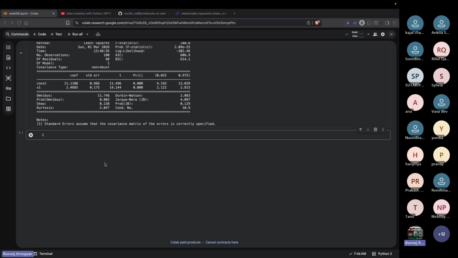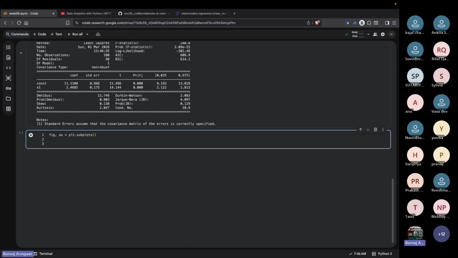So we can plot our regression line to see what it looks like. We can say figure comma ax is equal to plt dot subplots. This essentially creates your figure and an artist. You ask your artist to create a scatter plot between your x and your y. You can say that I want a transparency of 50%.